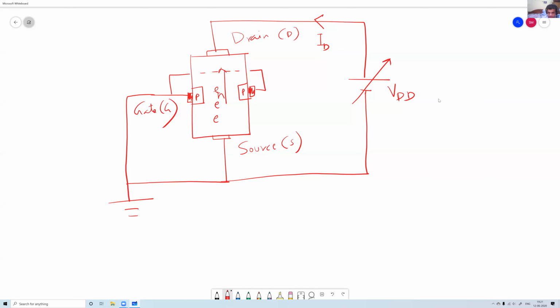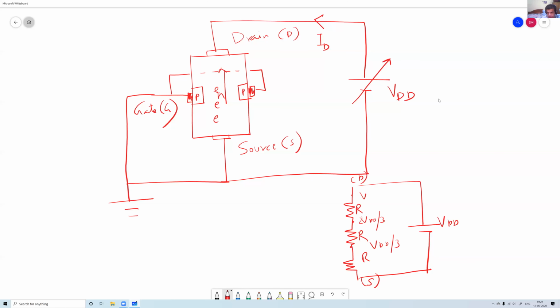So it can be thought like this. This is my VDD. This is my source. This is my drain. So obviously, if the resistances are same, the voltage here will be VDD by 3, here it will be 2 VDD by 3, and here it will be VDD. So as I go up from the source to the drain, the potential increases. At source, the potential is 0. At drain, the potential is VDD. And we assume that it increases constantly.